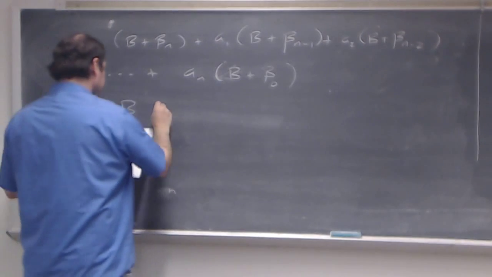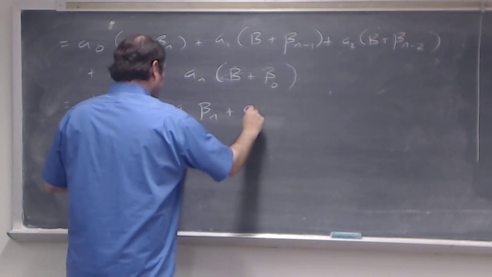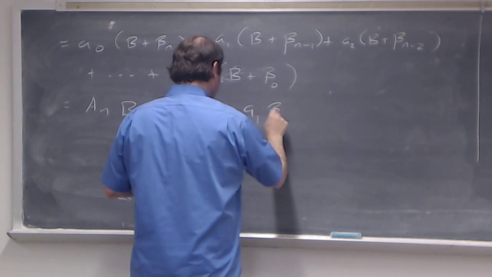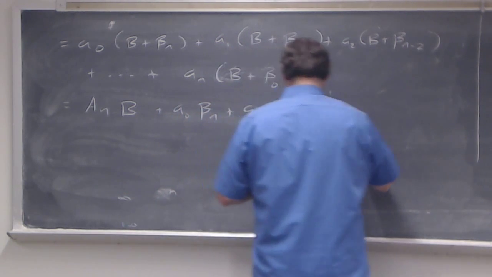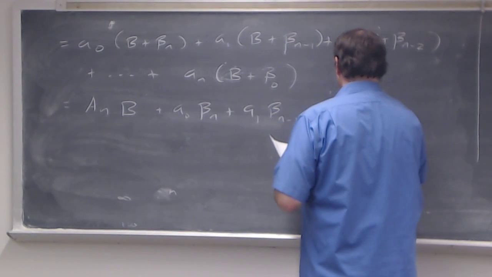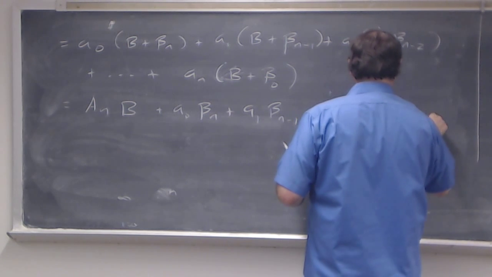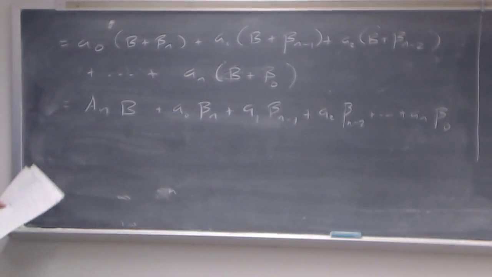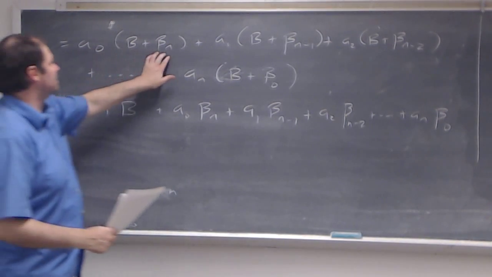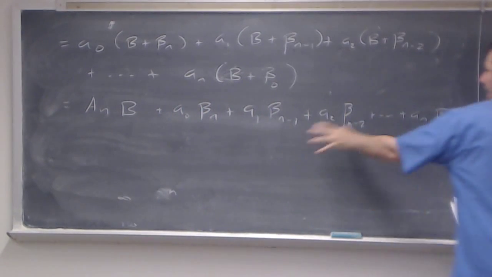And then plus a sub 0 times beta sub n plus a sub 1 times beta sub n minus 1 plus a sub 2 times beta sub n minus 2, plus you keep going all the way up to a sub n times beta sub 0. That's these guys being involved. And I have to write all that out.